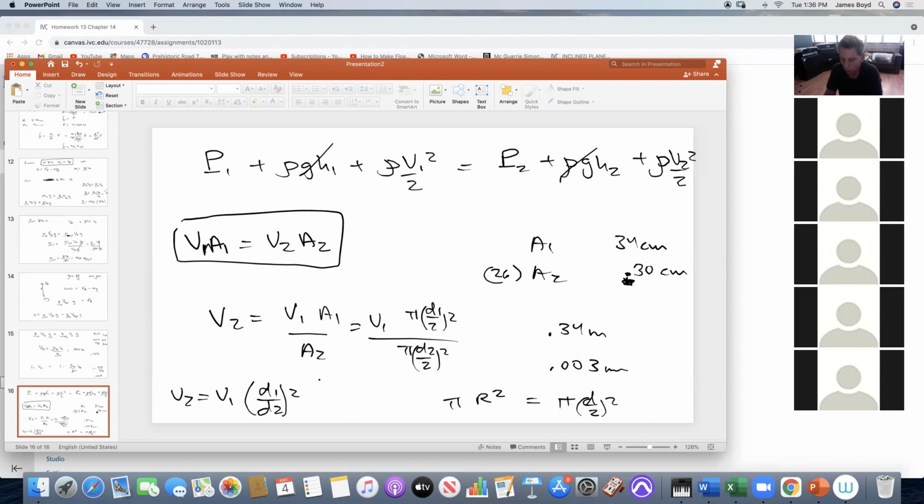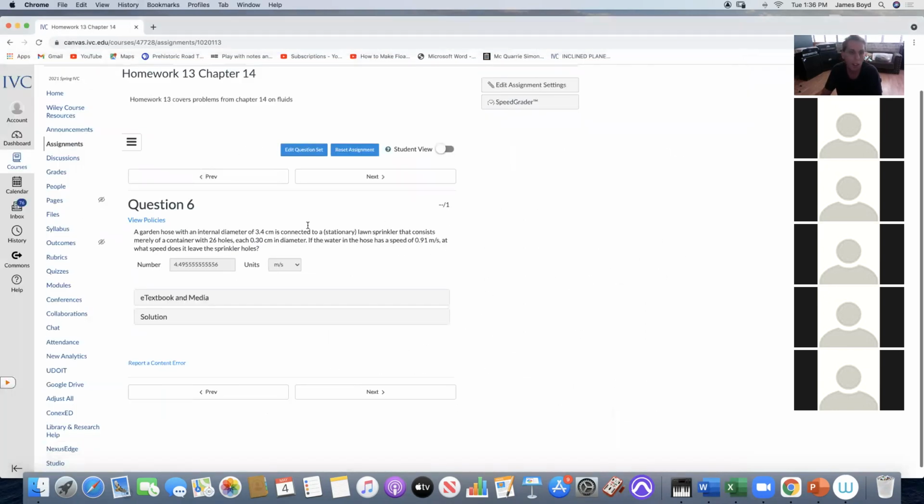So 34 divided by 0.3, but there's 26 of these, so it's not 34 divided by 0.3. It's 34 divided by 26 times 0.3. Square that, it's 19. So 19 times the velocity at 1. The velocity at 1 was 0.91, so 0.91 times 19 is 17.